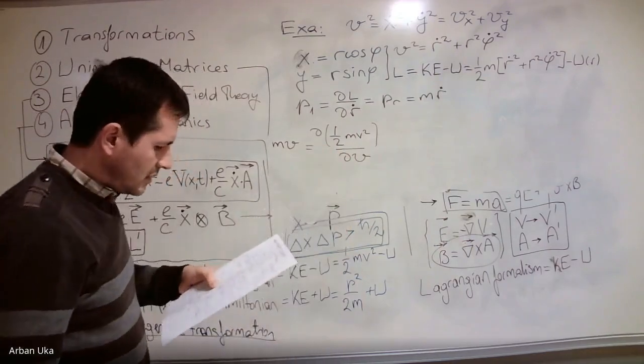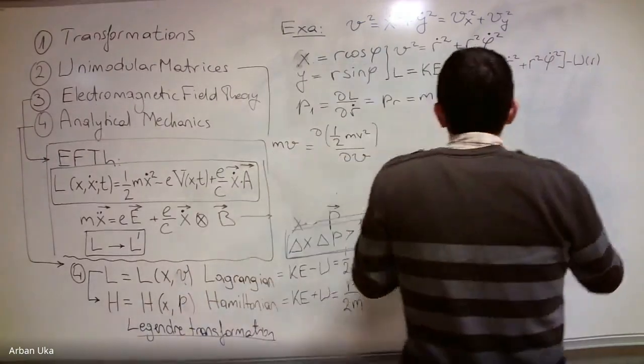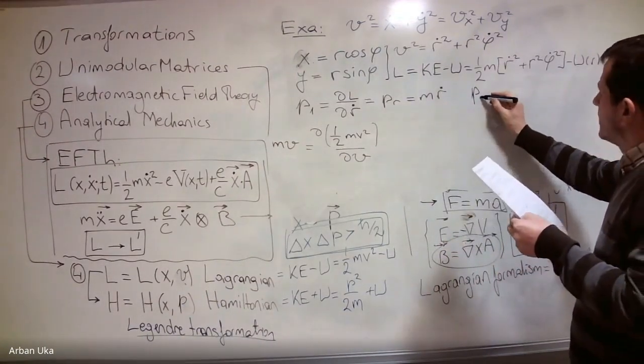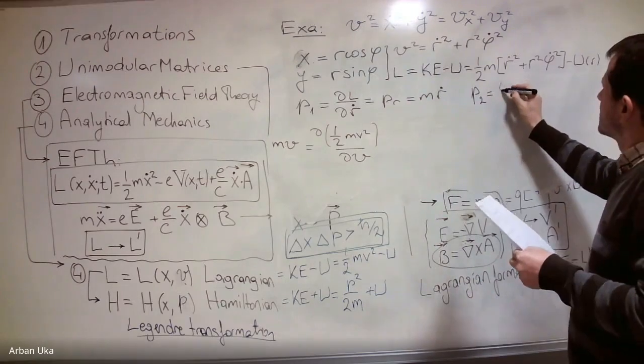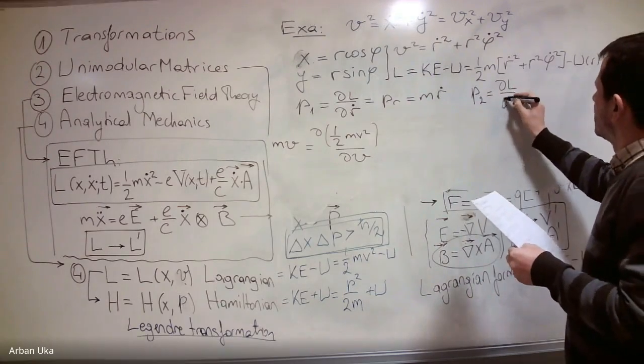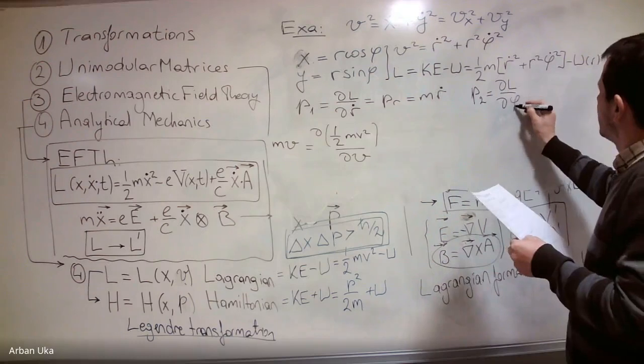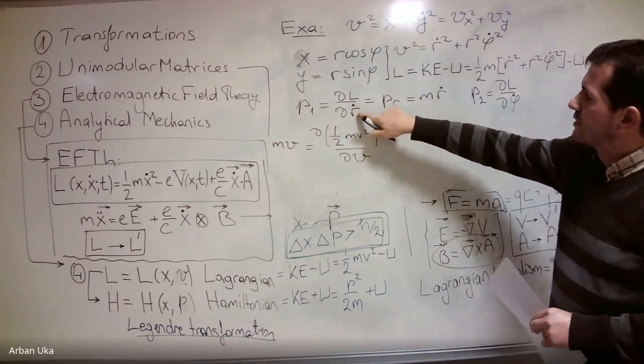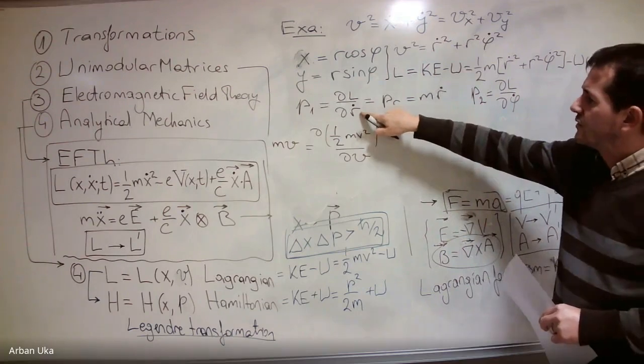Now I can do this one a little more. And here we have the other linear momentum, which is along another axis, p2. This is the derivative of the Lagrangian with respect to phi prime. Okay, so here we do the derivative with respect to the velocity or the rate of change of r.